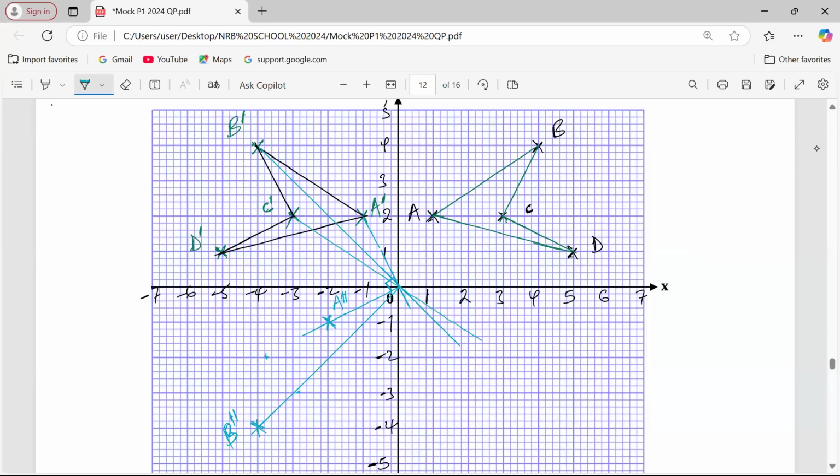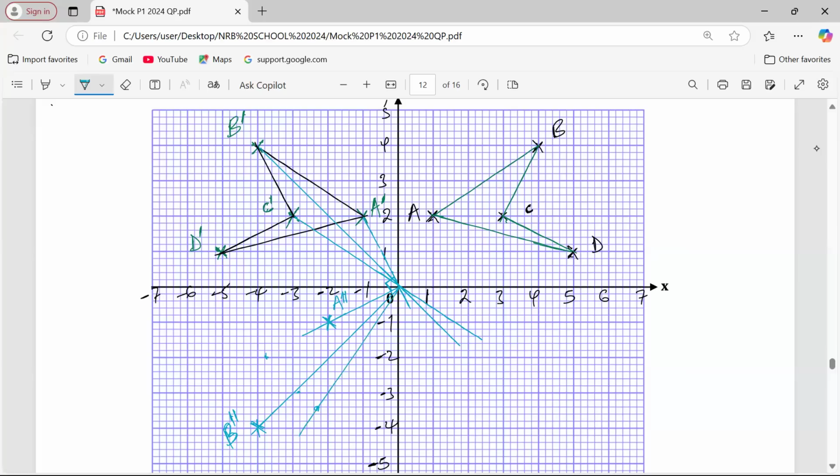C to the center. Then I measure an equal distance. C to the center. Then I measure 90 once again in the anti-clockwise direction. And along that line for D, I shall move an equal distance.